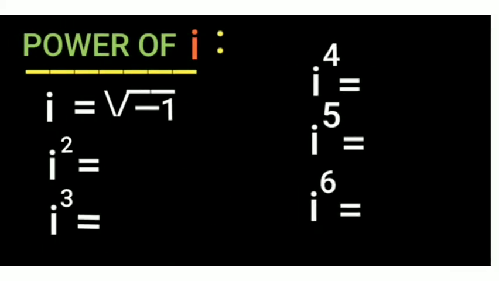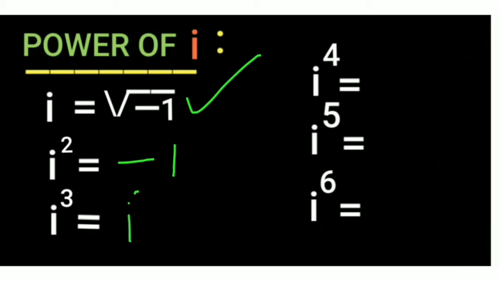Next, we need to find the powers of iota. First of all, we have already seen that i equal to square root of minus 1. What about i square? i square is nothing but minus 1. What about i cube?